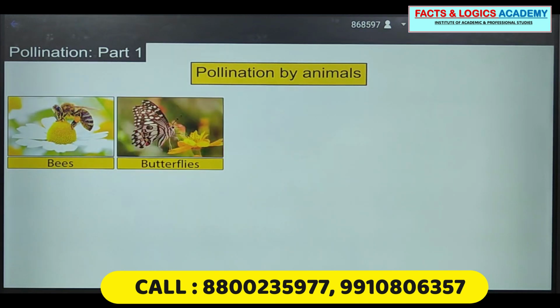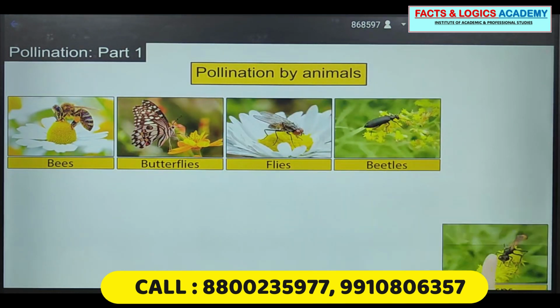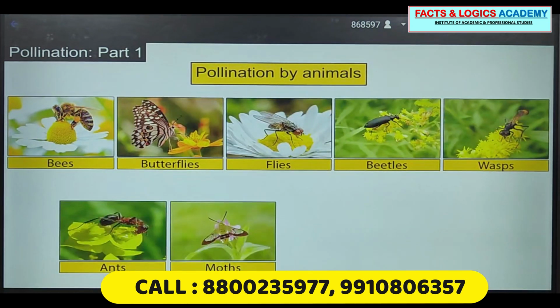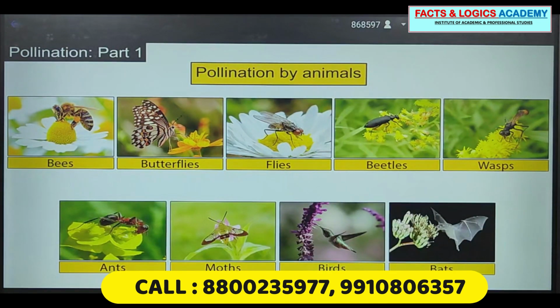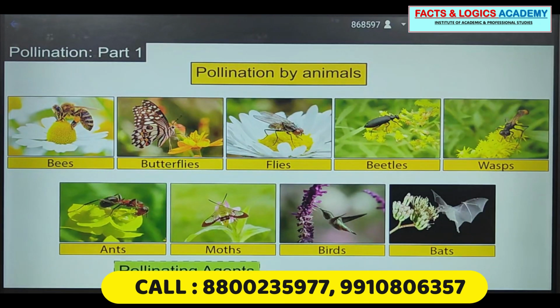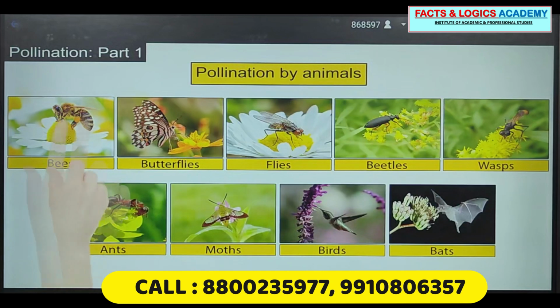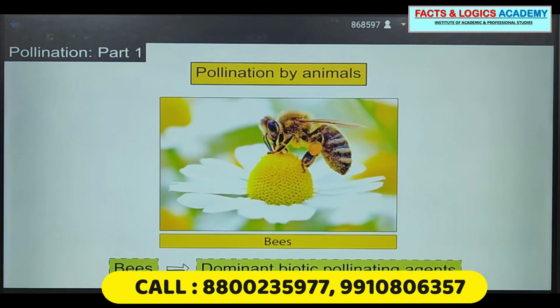Bees, butterflies, flies, beetles, wasps, ants, moths, birds, sunbirds and hummingbirds, and bats are the common pollinating agents. And as discussed earlier, these pollinating agents are termed as, yes, pollinators. Among the animals, insects, particularly bees, are the dominant biotic pollinating agents.